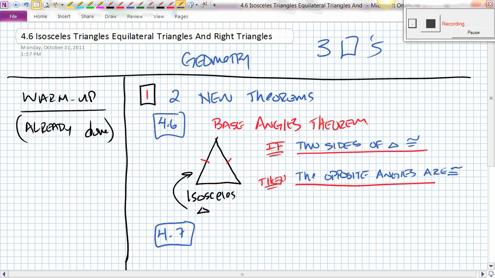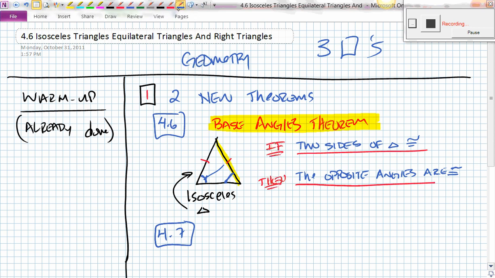So, here's what that means. If I was to highlight this side here, okay, see that side that I have highlighted in yellow? What is the opposite angle to that side? Yeah, that's this one down there, right? So this angle and this angle must be congruent. So this is called the base angles theorem.